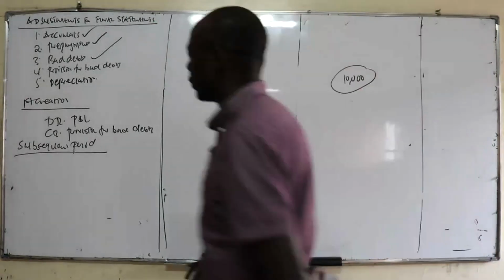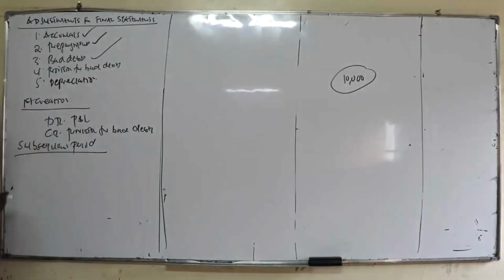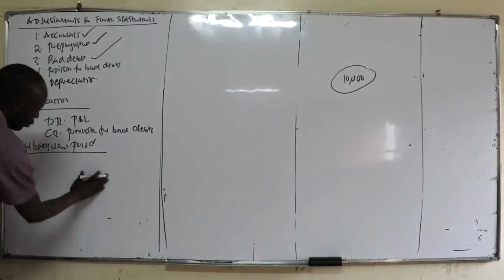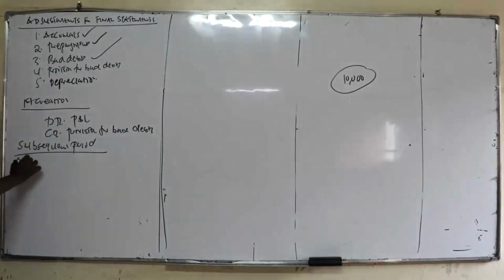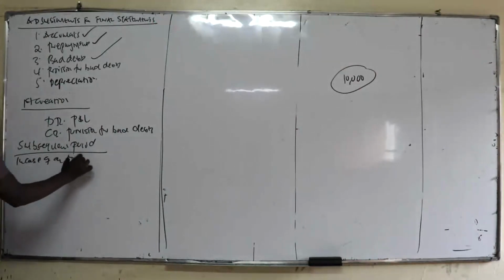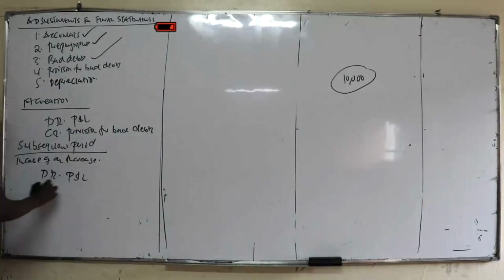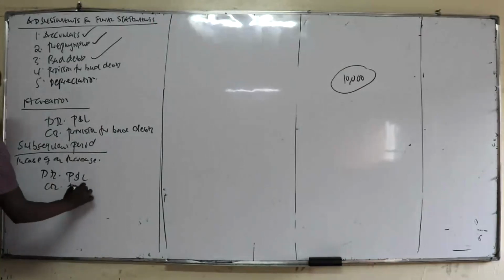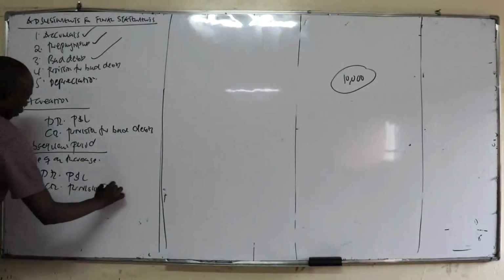So in case there is a huge default level, you're going to adjust that amount upwardly. You're going to increase it from 10,000 maybe to 15 or 20. So you're going to debit profit and loss account, and you credit provision for bad debts.